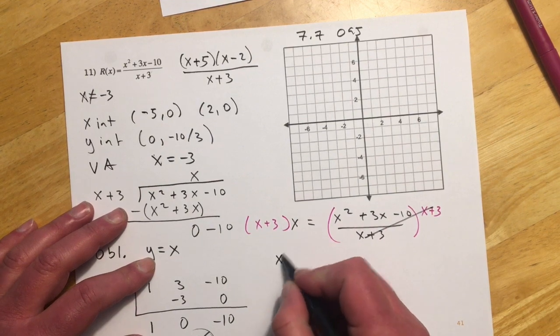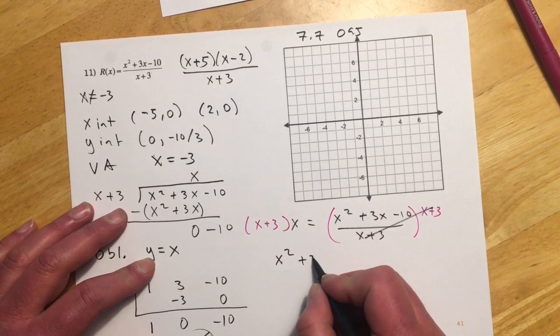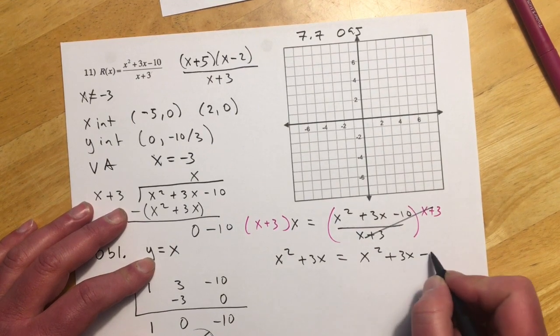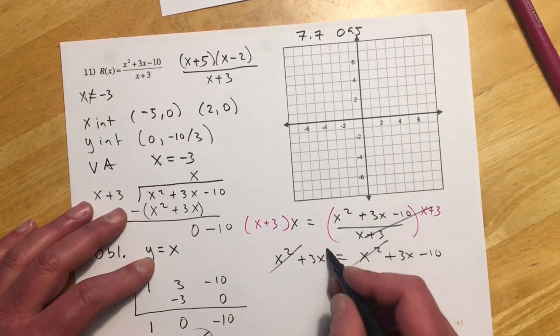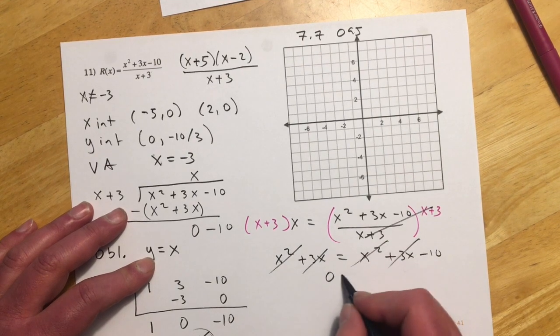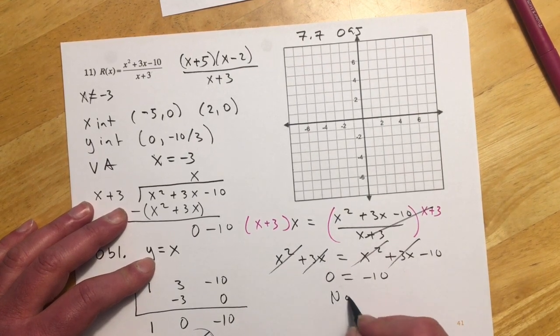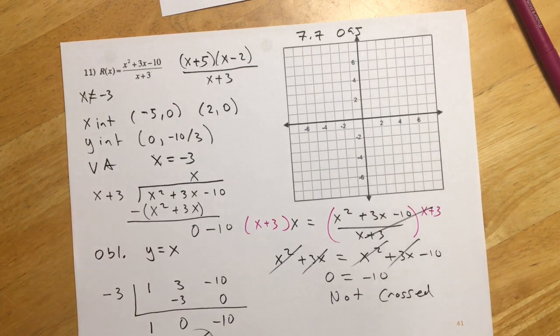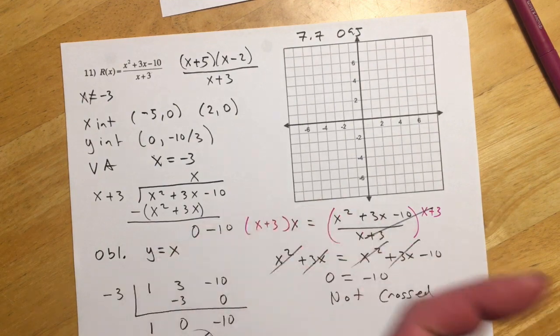X times x, x squared, x times 3, 3x equals x squared plus 3x minus 10. And if you look right there, those are all dropping out. 0 equals -10, so not crossed. Which still gives us information. It tells us it has to stay on one side or the other. And then we'll draw it.